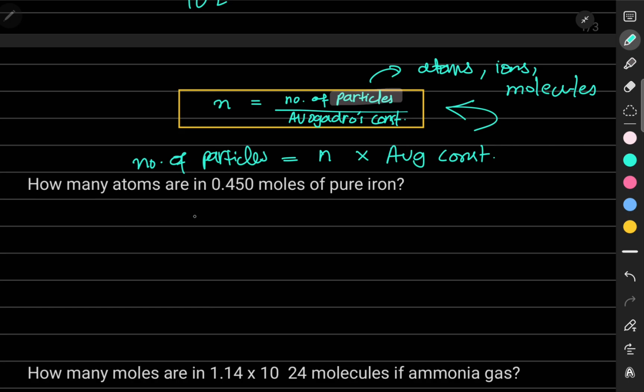So atoms. We're going to use this one. It's equal to the moles, times Avogadro's constant, which I'm sure you know by now. So it's 6.02 times 10 to the power 23. Put that in the calculator.